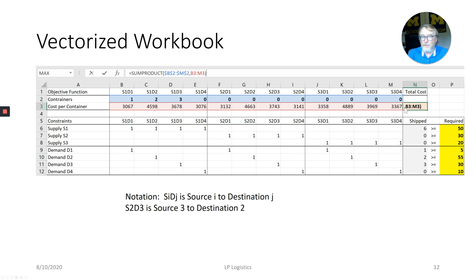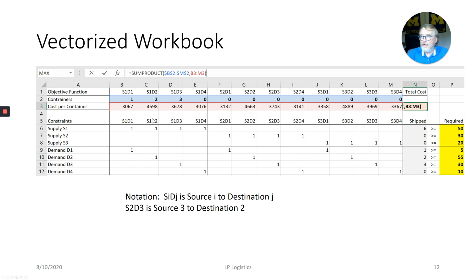And then we would be using a sumproduct where we put dollar signs around the blue cells, $B$2 to $M$2. So we're always doing absolute addressing to my decision variables. And then I have the cost coefficients here, just strung out, right? I just took each row of the cost matrix and put it out there, okay?